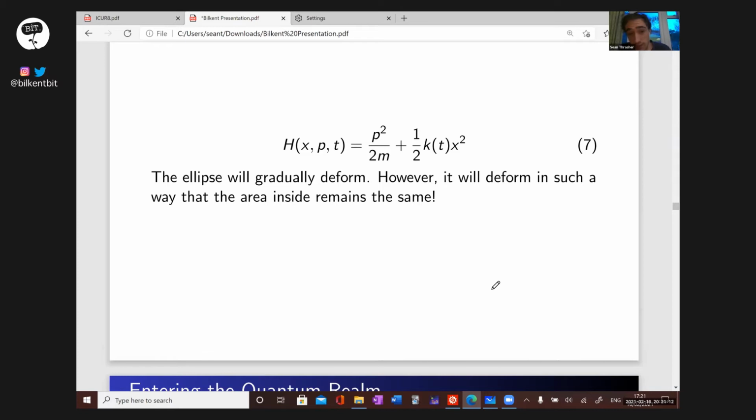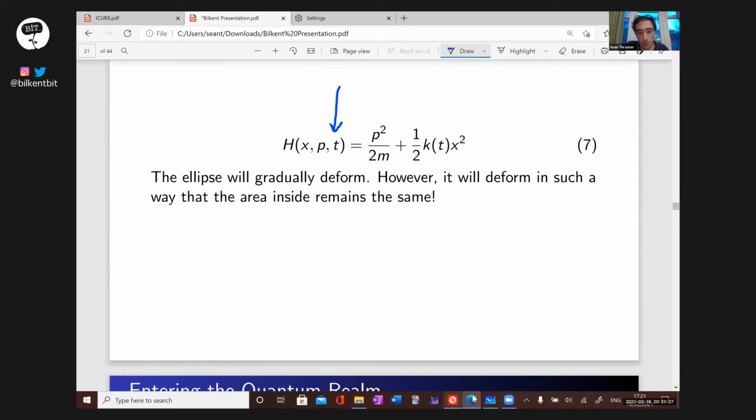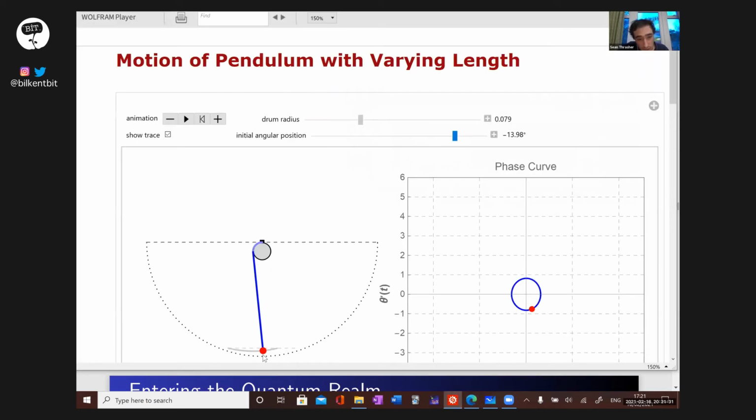Not in this case, because I'm changing the Hamiltonian. Remember, Hamiltonian physically means the total energy of the system. So I'm changing it in time, so physically, in some sense, I have to change the energy of the system. You could think of this from a physics perspective: if I'm changing the length of the pendulum, I have to put work into it, right?